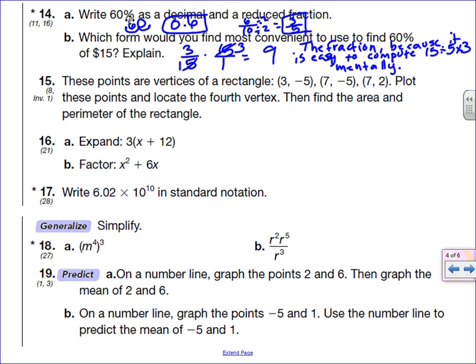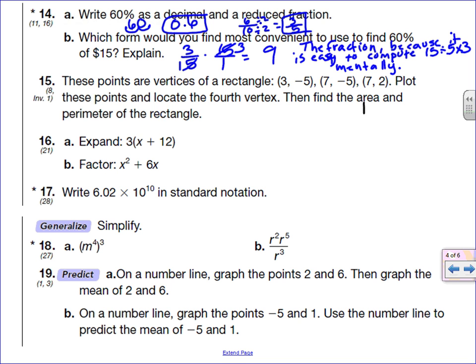Alright. These points are vertices of a rectangle: 3, -5, 7, -5, 7, 2. Plot these points and locate the fourth vertex, then find the area and perimeter of the rectangle.